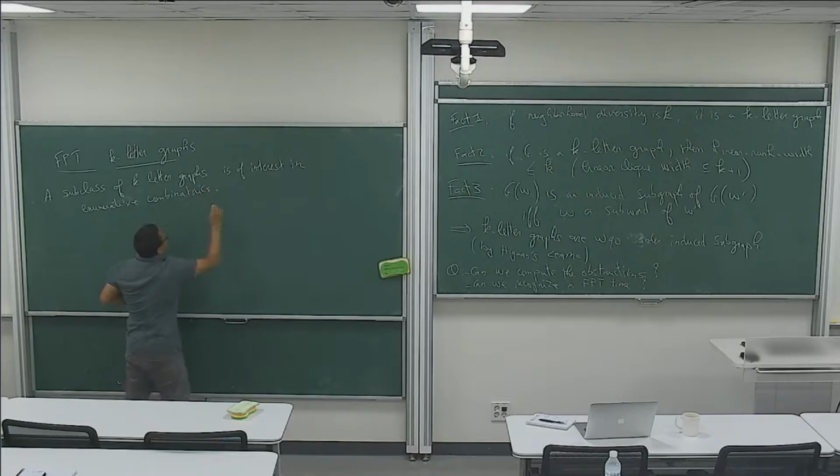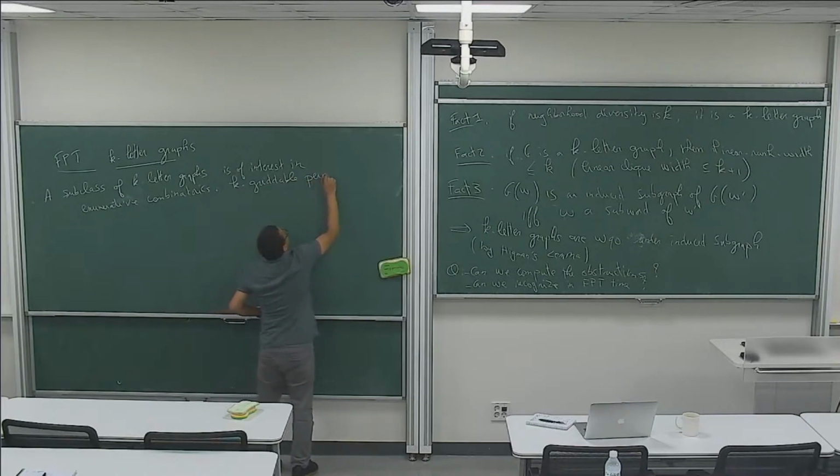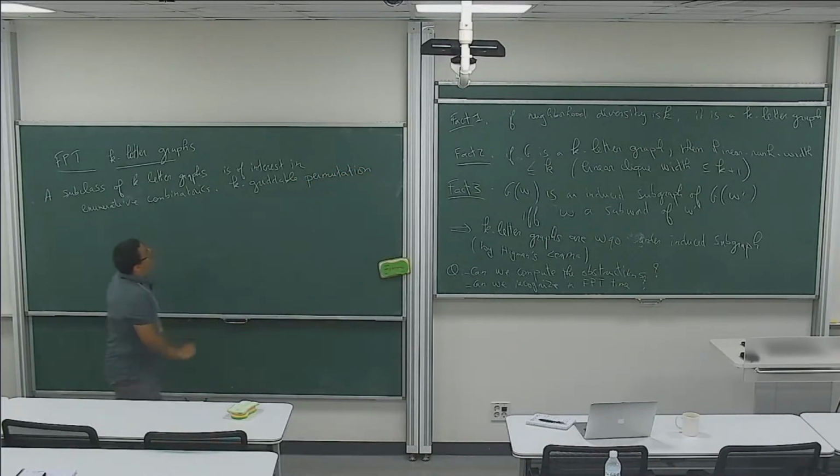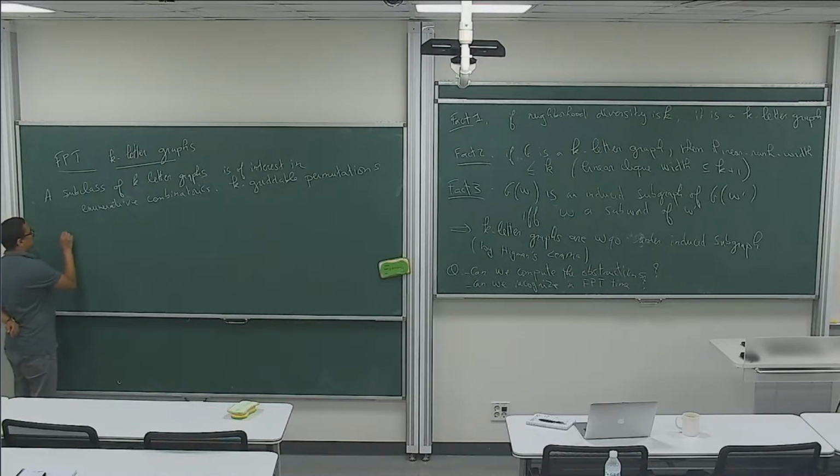What they call the k-readable permutations. So what is a k-readable permutation? You have a k by k matrix.